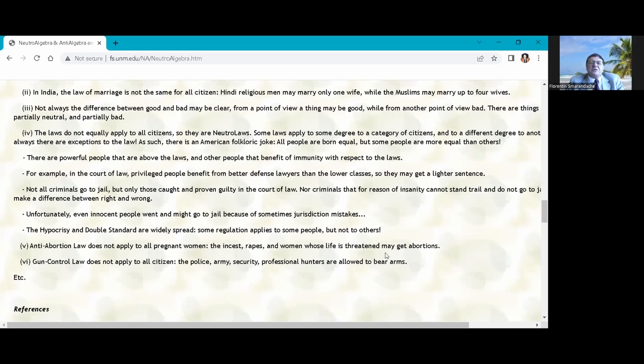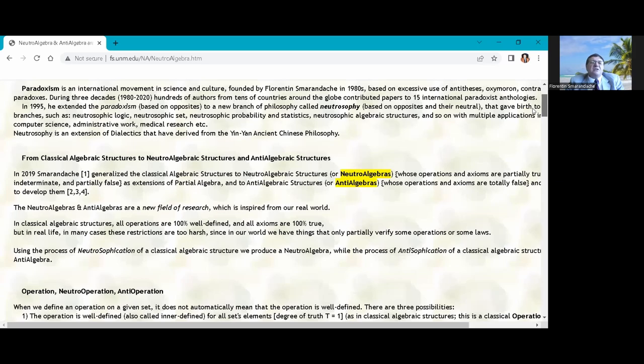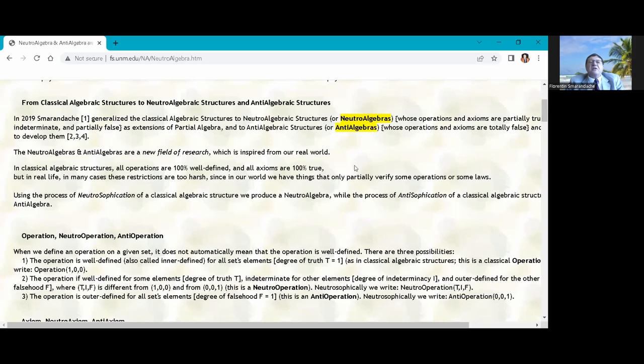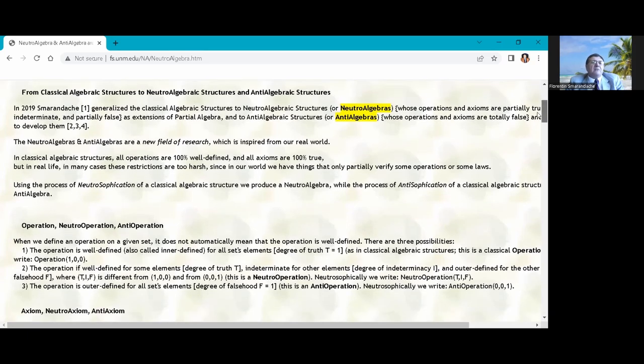There is also hypocrisy and double standard in our everyday life. Some regulations apply to some people, but not to others. Some laws also apply to some categories of people, but not to others. So this inspired me to define the neutral algebra and anti-algebra, meaning axioms or laws that are not 100% true, that do not apply to all the elements, only to part of them.